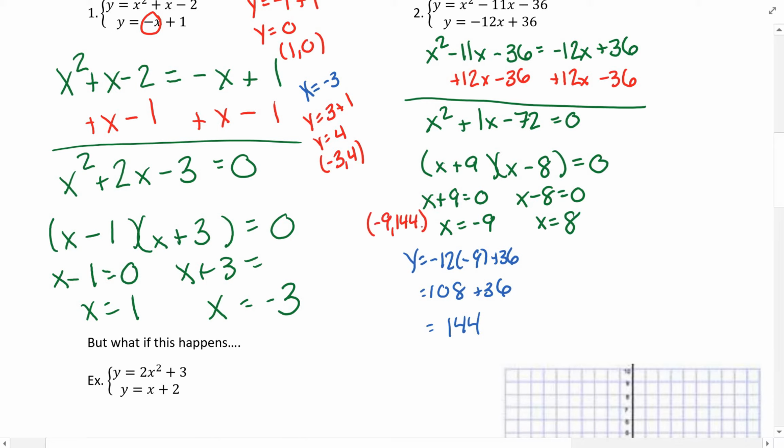Let's go ahead and do the second one. If x is 8, y equals negative 12 times 8 plus 36. Well, negative 12 times 8 is negative 96.